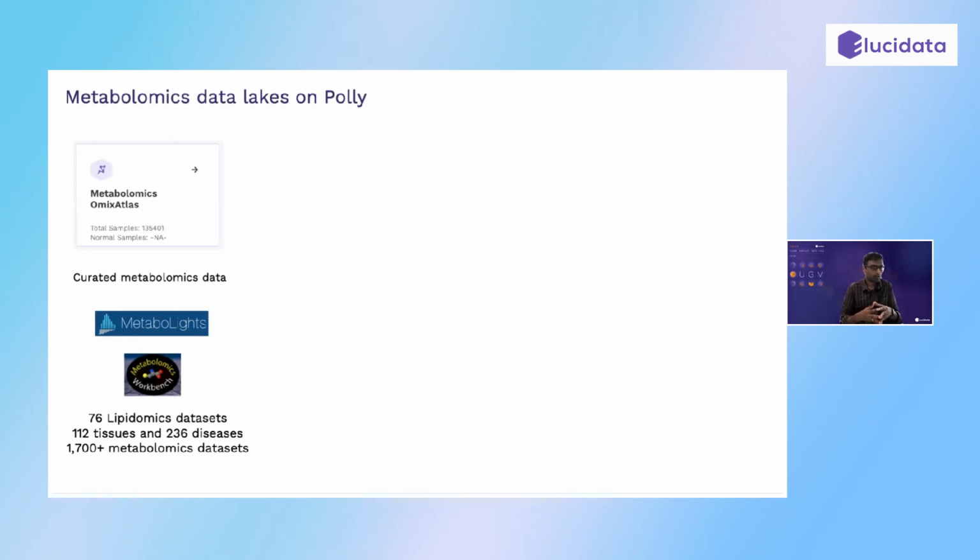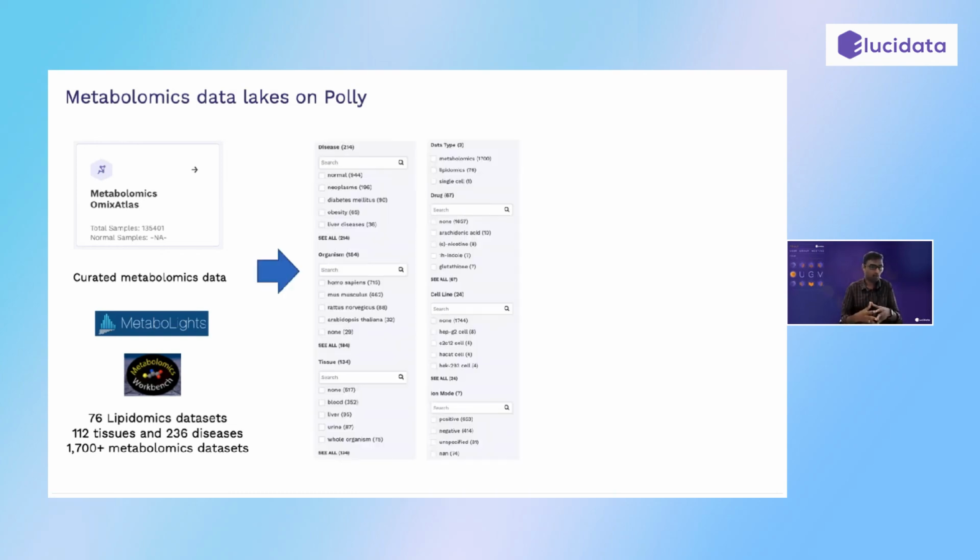And Elucidata was able to get this curated data within Metabolomics Omics Atlas, which has an extensive number of data sets that are well curated with meaningful insights that are pushed through the Data Studio app and getting to those customized visualizations that I showed before. And it's again navigatable data, which is organized according to the disease type or the tissue and whatnot with respect to subcategorization of this data.